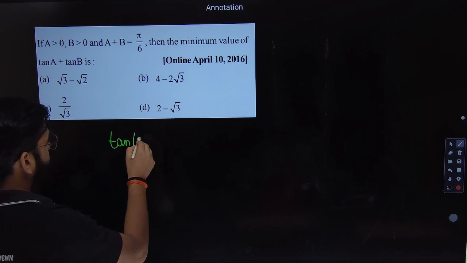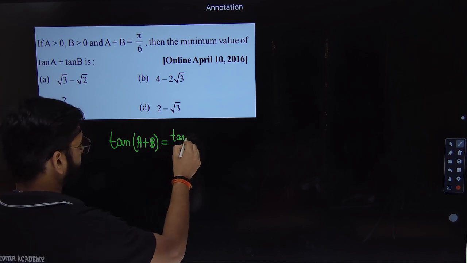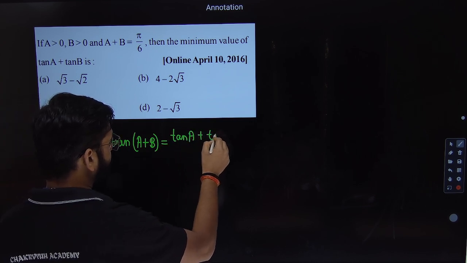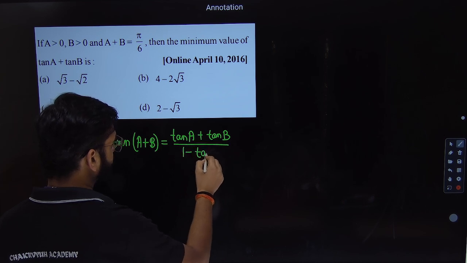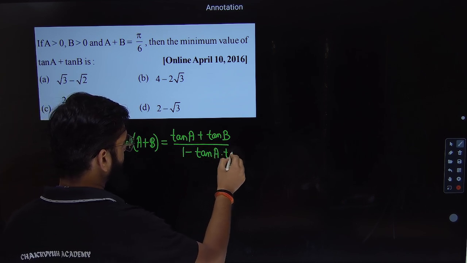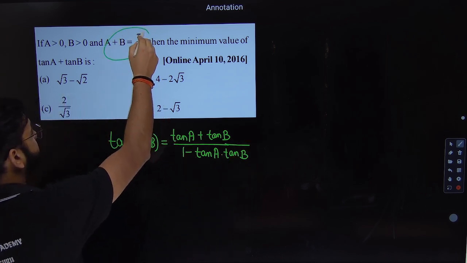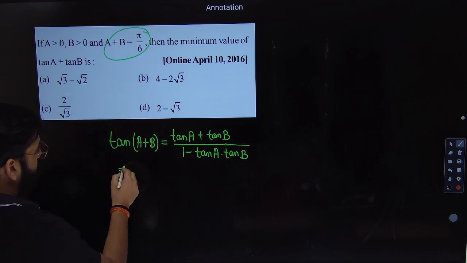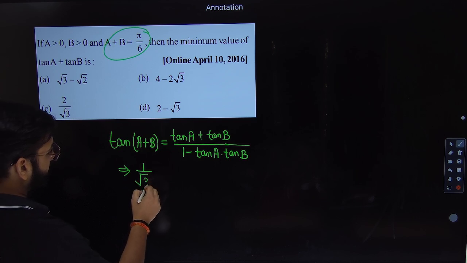Tan of A plus B is tan A plus tan B divided by 1 minus tan A tan B. So A plus B is pi by 6, and tan pi by 6 is 1 by root 3.